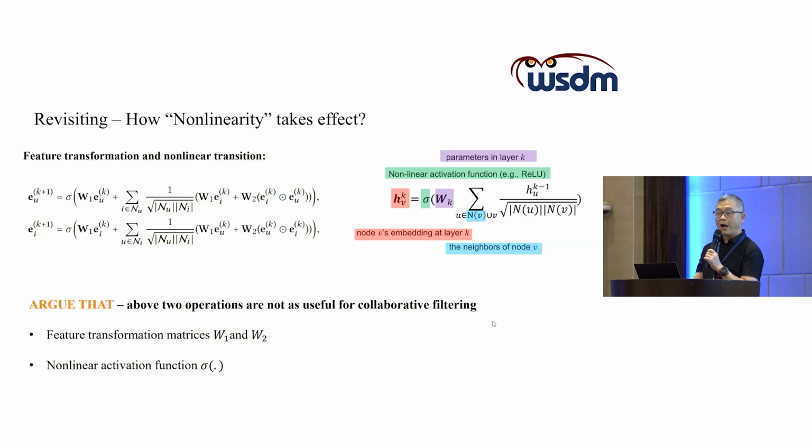Our argument is that these two operations do a good job in node and graph classification, but they do not work very well for collaborative filtering, because of the nature of user-item interaction: the nodes do not contain much semantic information. For example, sometimes they only have an ID of the user or item. That's our first argument.